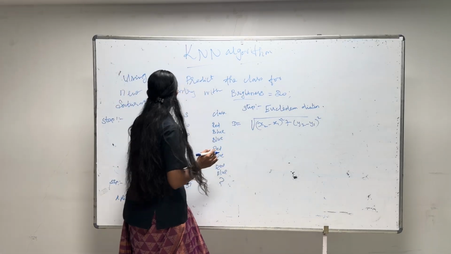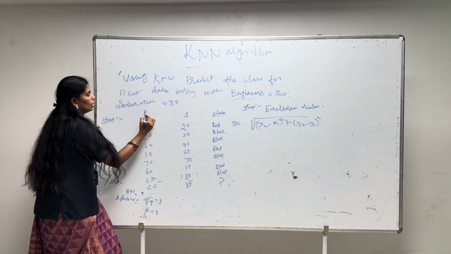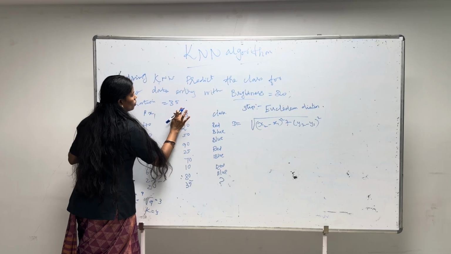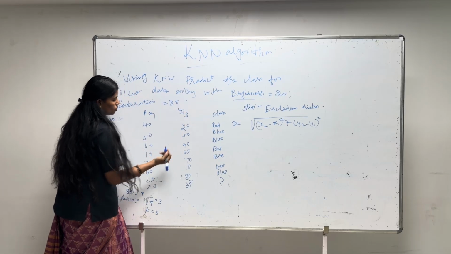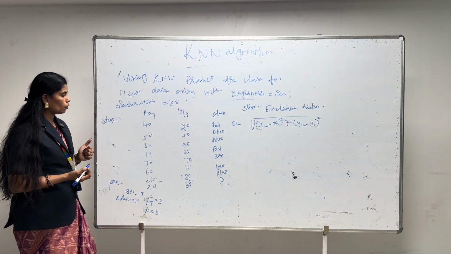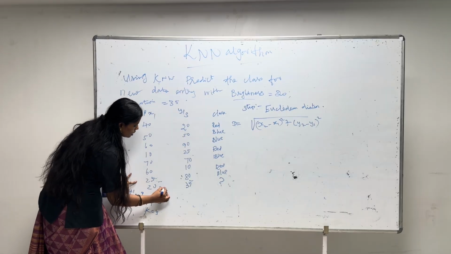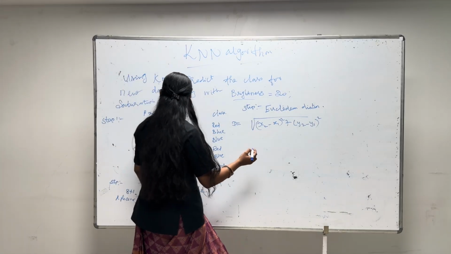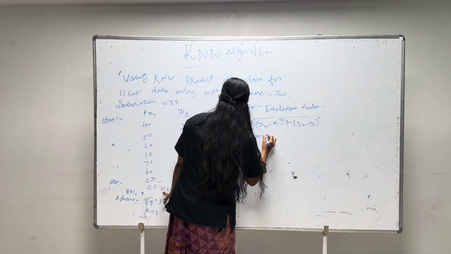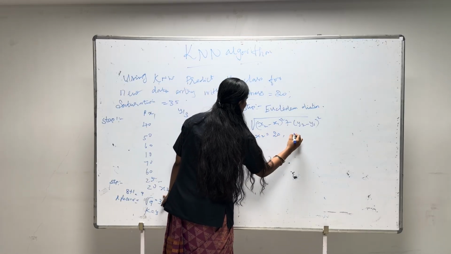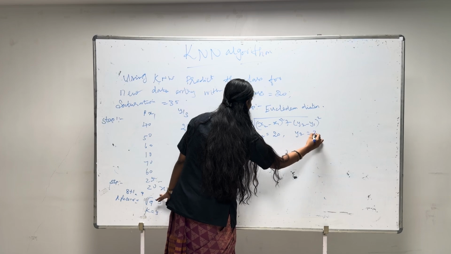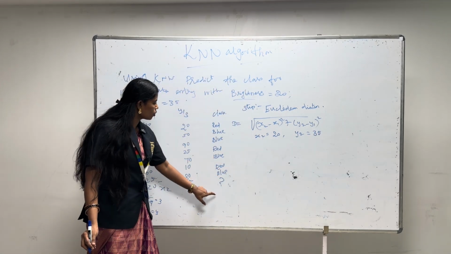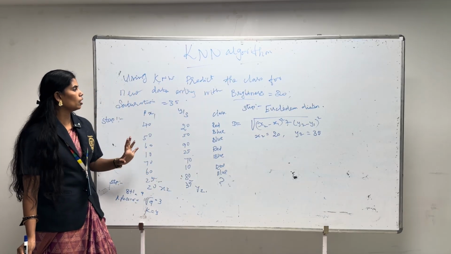So here we are going to take x1 and y1 from the data, and the point whose category we are going to find is considered as x2, y2. Here x2 is 20 and y2 is 35. For these given values we are going to find which class they belong to.